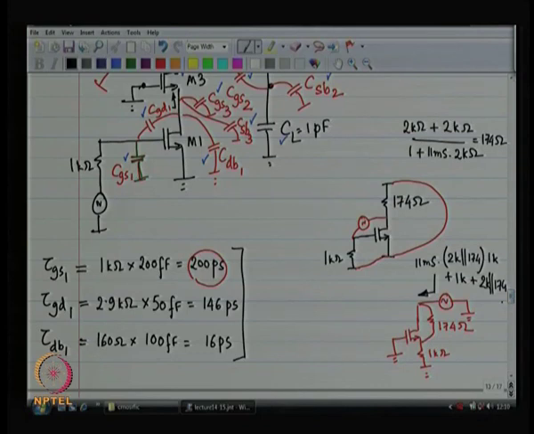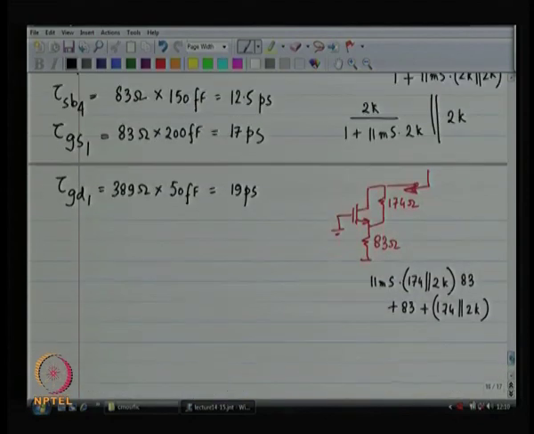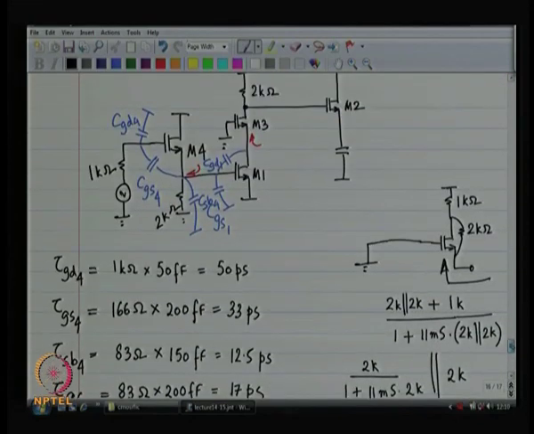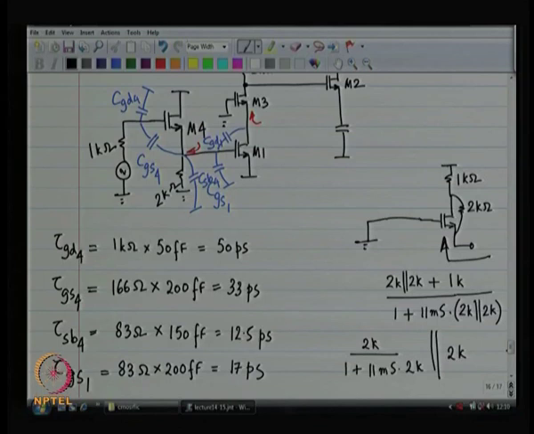Drain to body of device number 1 is not really going to change.